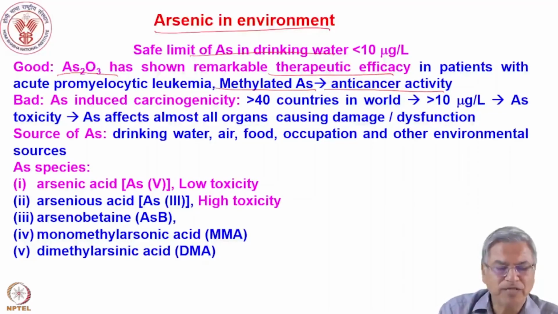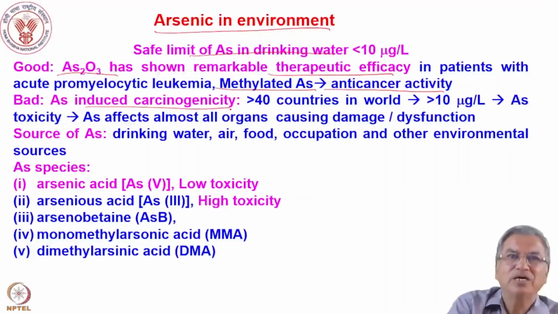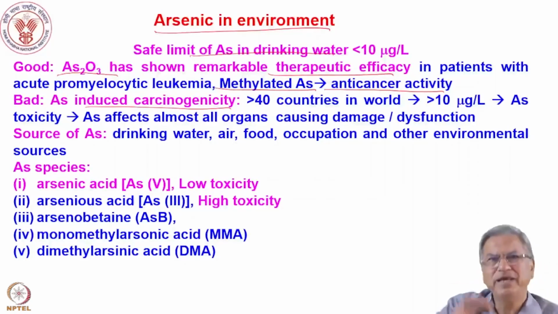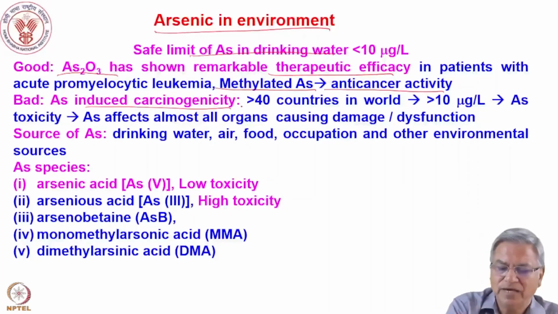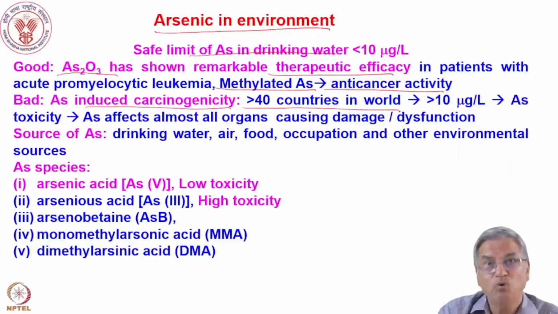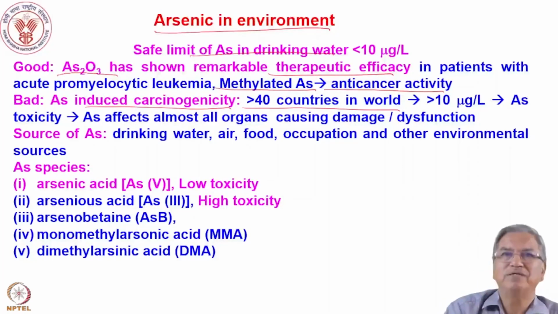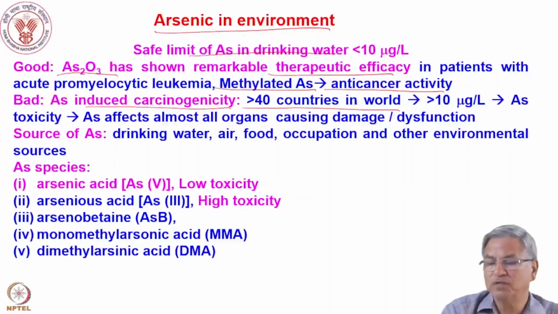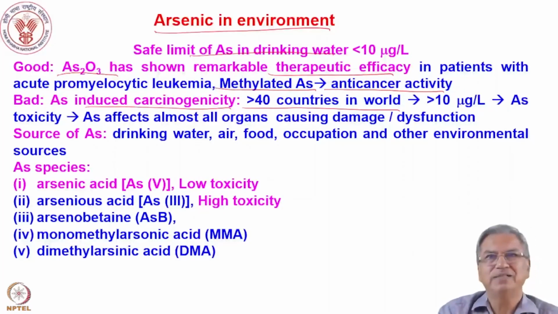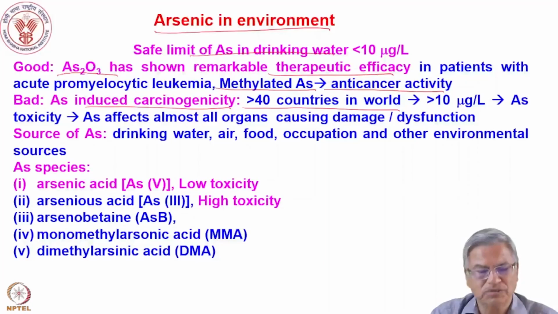The bad part is that arsenic can induce carcinogenicity in human beings, and there are many areas in the world, including some parts of our country. More than 40 countries in the world have drinking water concentrations more than 10 microgram per liter, and that leads to arsenic toxicity.